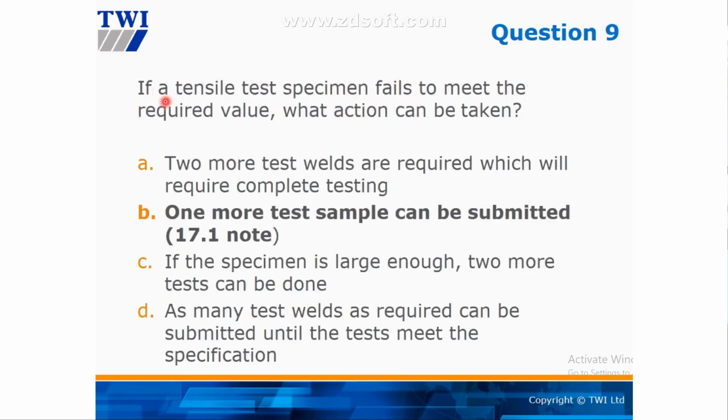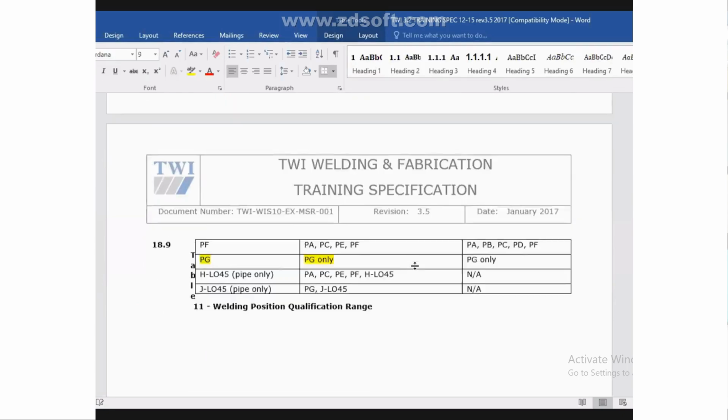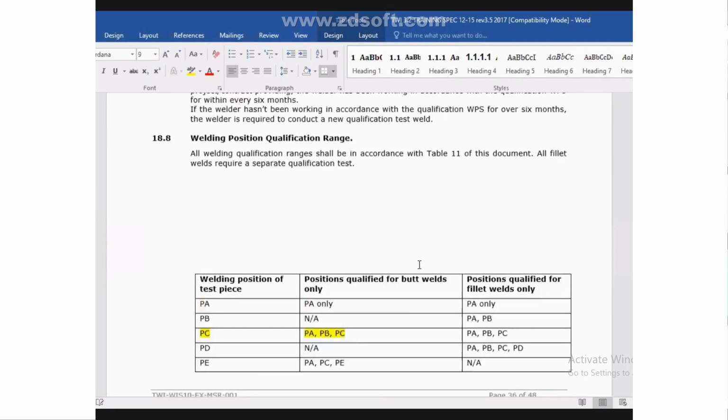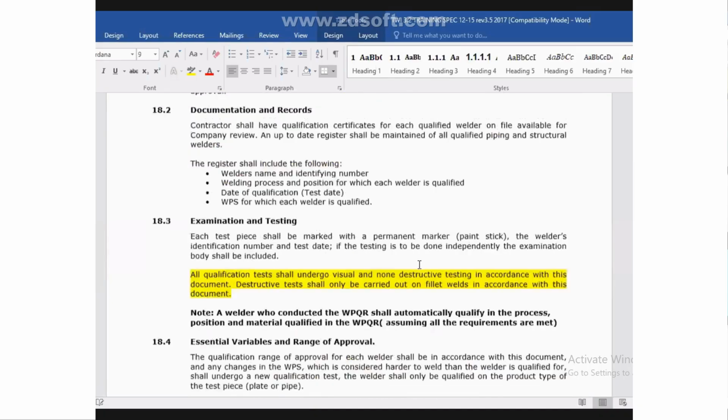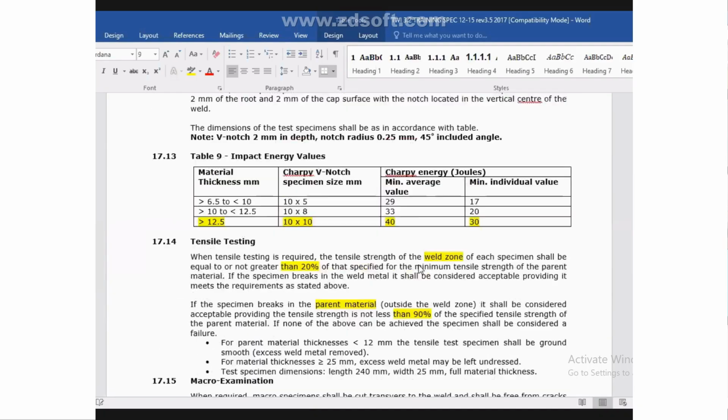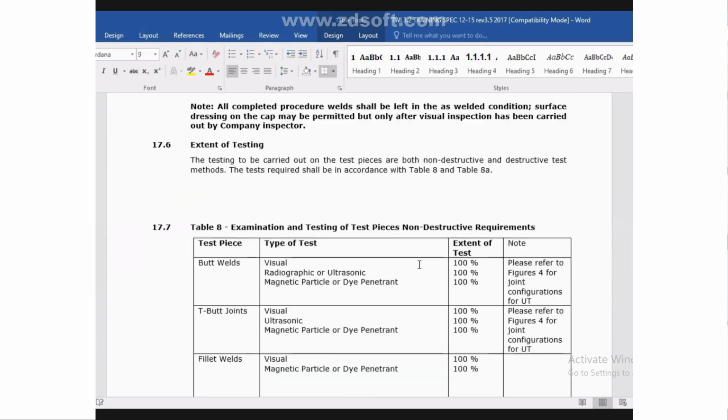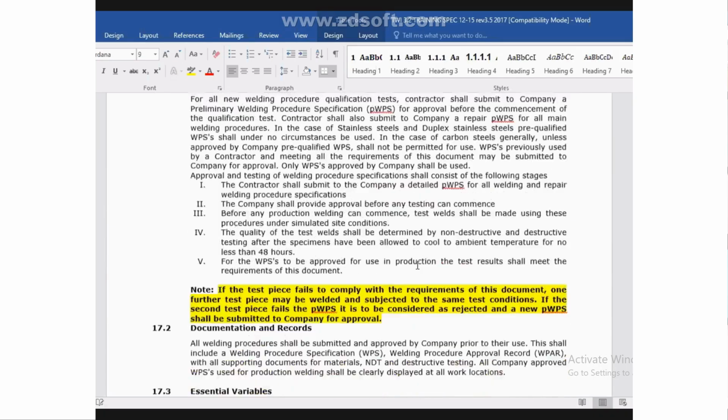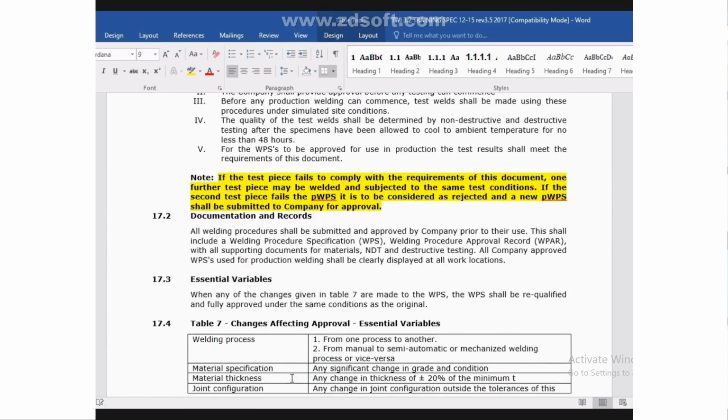9, if the tensile test specimen fails to meet required value, what action? All right, look at 17.1. If the test piece fails to comply with requirement of this document, one further test piece may be welded and subjected to the same test conditions.